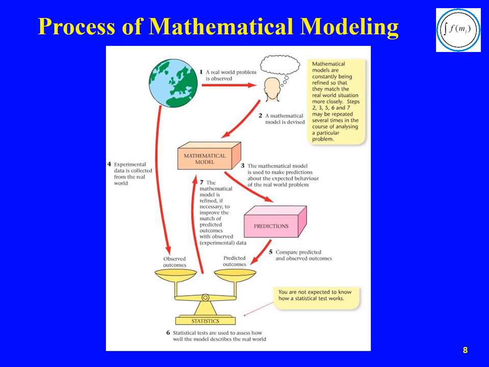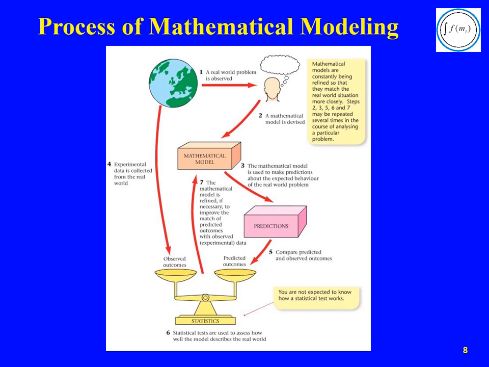Before you predict, you have to satisfy all validation criteria in the model. If the model satisfies the validation criteria, you can gain the predicted outcomes. Once you gain the predicted outcomes, we have to compare the predicted outcomes with observed outcomes with the help of a statistical test.